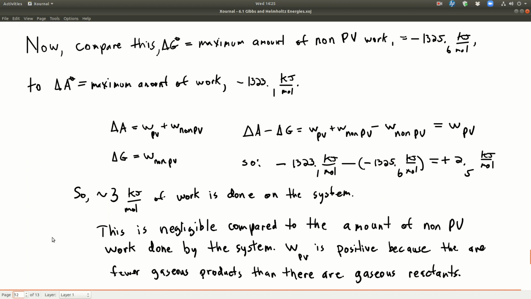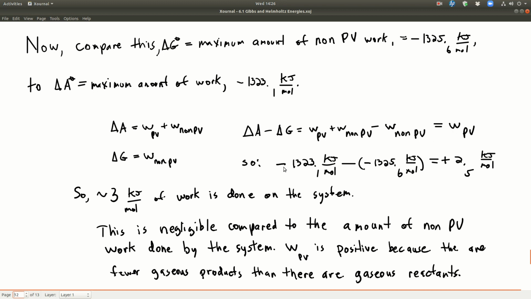But remember, we calculated delta A for the same process and we got negative 1323.1. Not quite the same. That tells us something. Remember that delta A is the PV work plus the non-PV work. Delta G is just the non-PV work. So if we take the difference between delta A and delta G, it looks like this. Delta A minus delta G, W PV plus W non-PV minus W non-PV, is just the PV work.